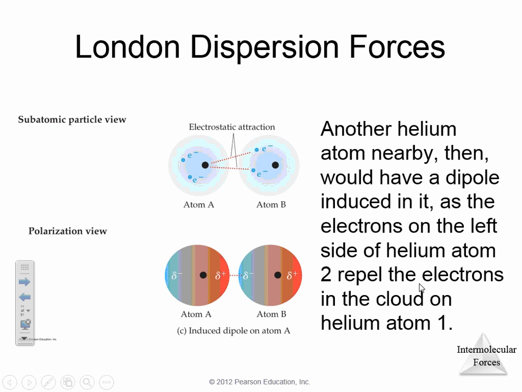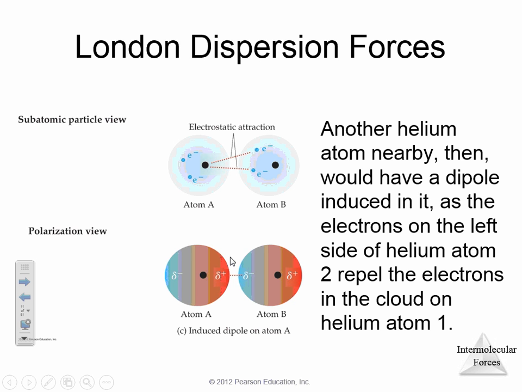Now another helium atom nearby will then have what we call an induced dipole, where because electrons are always repelling one another, those electrons will be forced to one side of the atom, because it's going to attract a positive and negative. So in atom A, we have a random dipole happen because the electrons randomly move to one side of the atom. In atom B, we have what we call an induced dipole because the electrons are attracted to that positive charge from atom A.